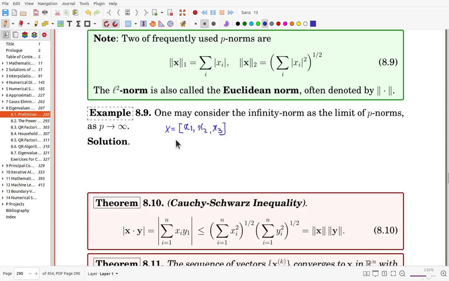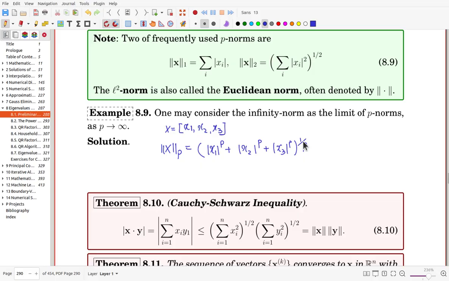And the p norm is now the absolute value of x1 to the power p, plus the absolute value of x2 to the power p, plus the absolute value of x3 to the power p, and the whole summation to the power 1 over p.